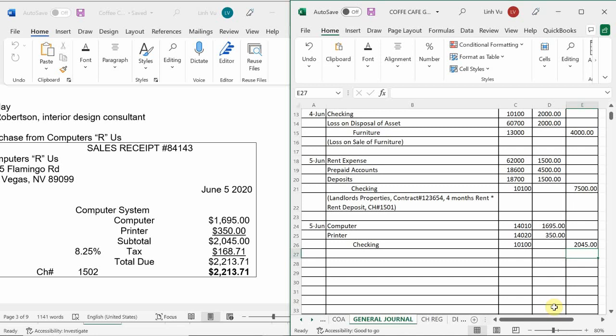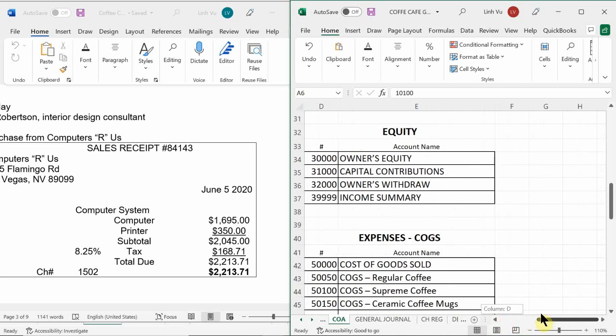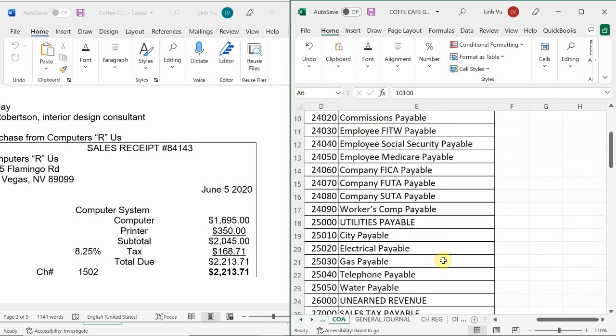Do we have a sales tax account? Not sure. Do we? So if I go to my chart of accounts, I'm going to tell you this. No, there is no sales tax account except for a sales tax payable.